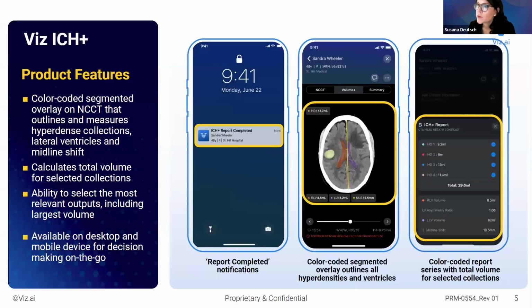This one is for you, Dr. Mocco. Do you envision systems of care updating to transfer ICH cases similar to LVO cases? Absolutely, without question. This is something we already do. We have 8 different hospitals that will routinely send us ICH cases.